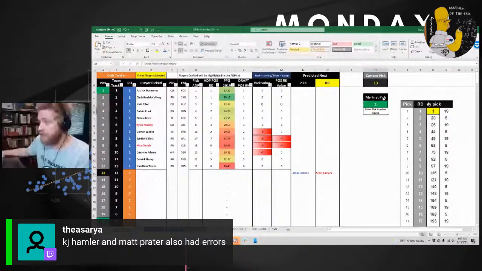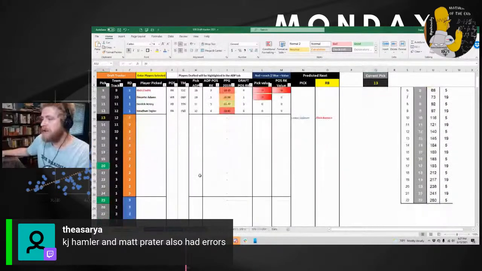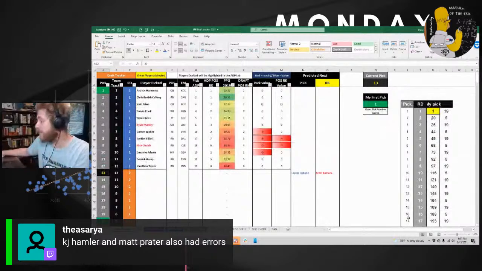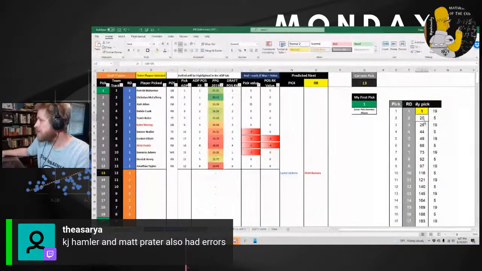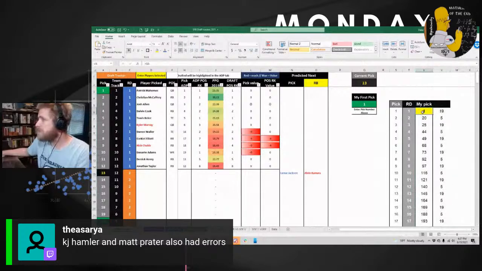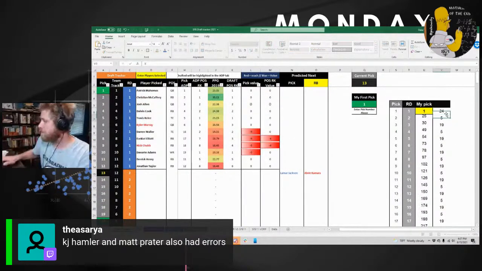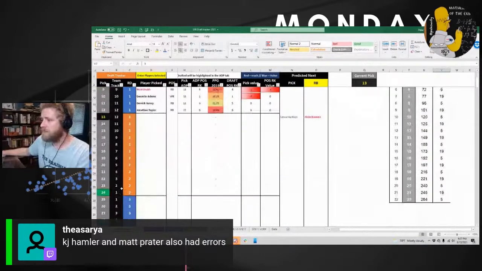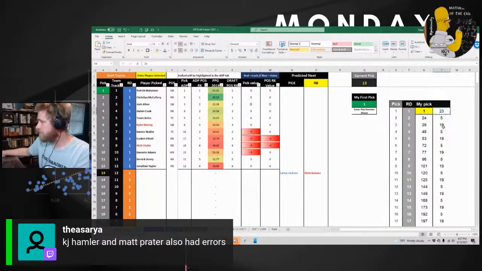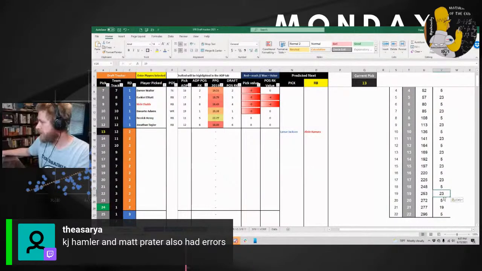And I'm actually pick 1, so. What? I've got to put the third round reversal in. That's part of the problem. Okay, so when does this third round reversal happen? That's what I need to know.